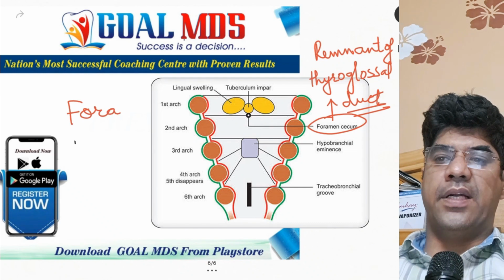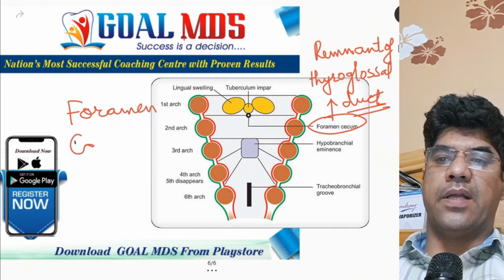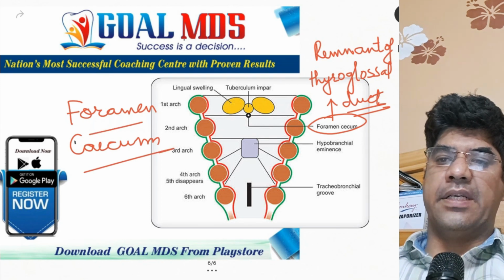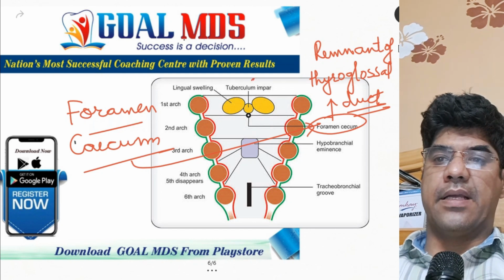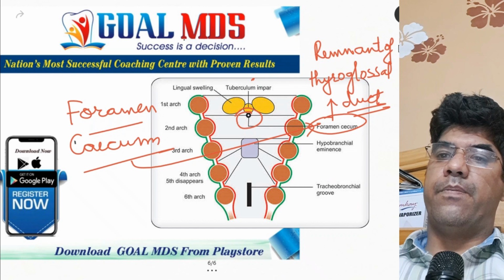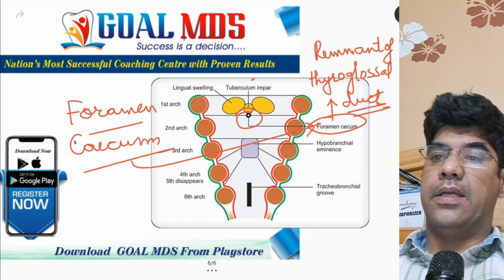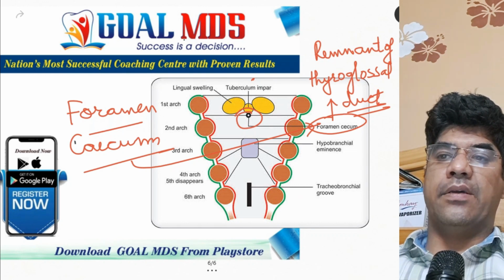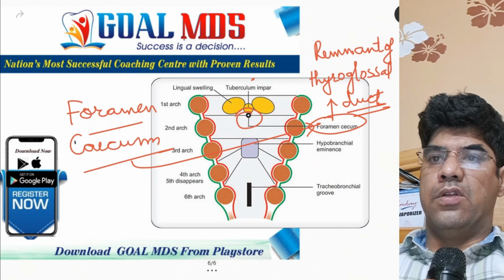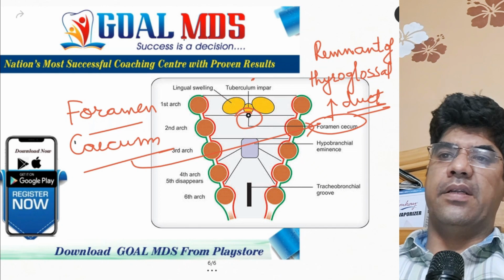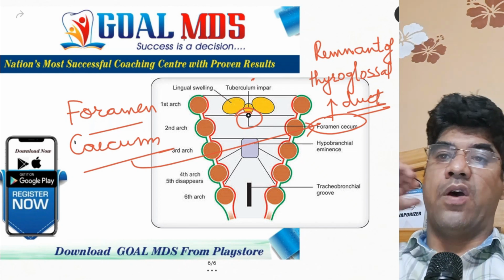The thyroglossal duct that connects the thyroid gland to the tongue starts at the foramen cecum, and the gland eventually migrates down to its final location in the neck. The tuberculum impar is a small elevation on the midline of the tongue located anterior to the foramen cecum. The foramen cecum is not essential for normal function of the tongue.